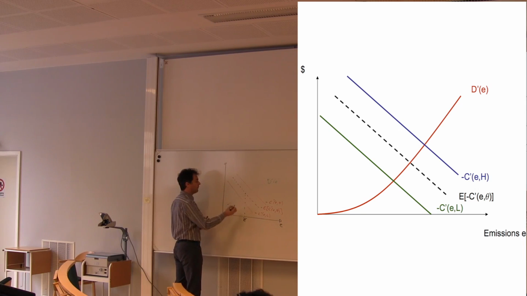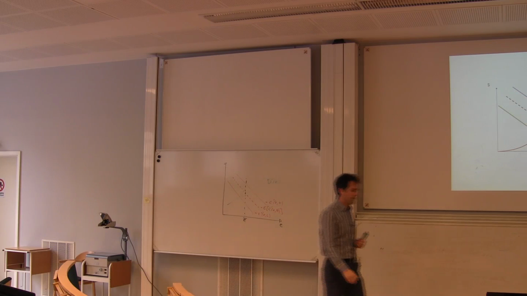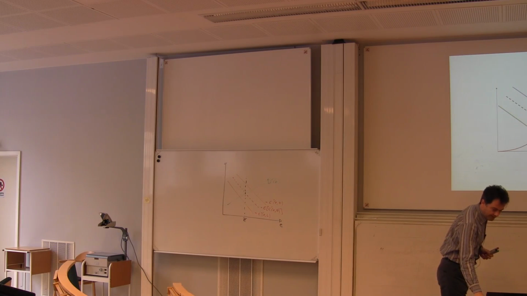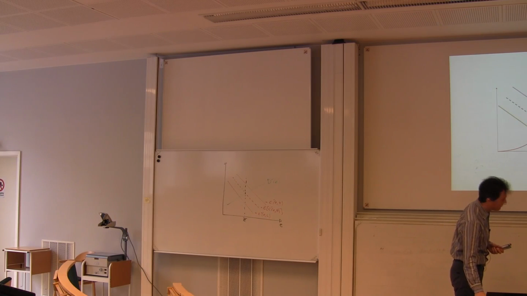Okay? If you do that, the firm will emit up to this cap, and therefore that will be the marginal abatement cost for the low cost firm, and this will be the marginal abatement cost for the high cost firm, which is quite higher. So that will be the best you can do given asymmetric information with a cap.